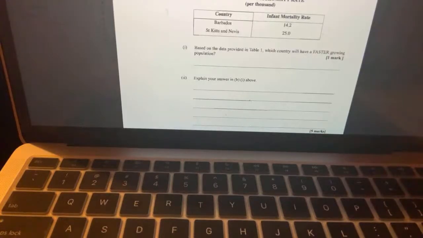Infant mortality rate per 1,000. What are you saying? Barbados. Why? For those who say St. Kitts, explain. For those who say Barbados, explain.